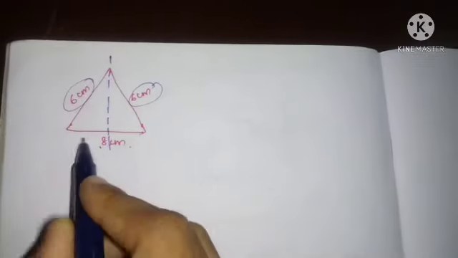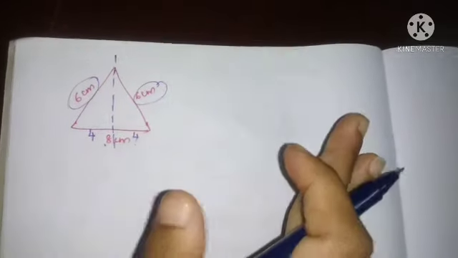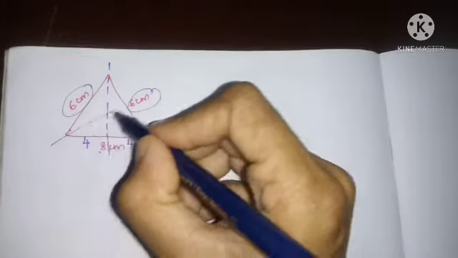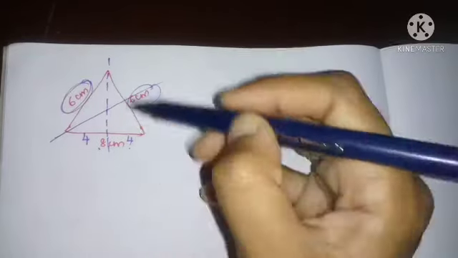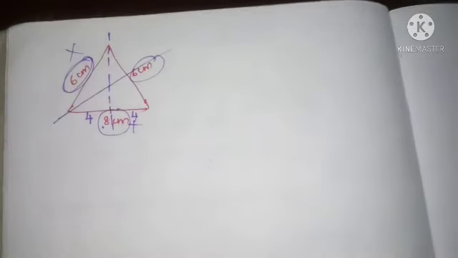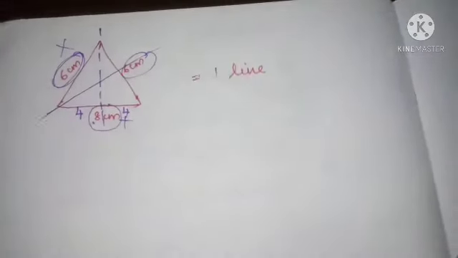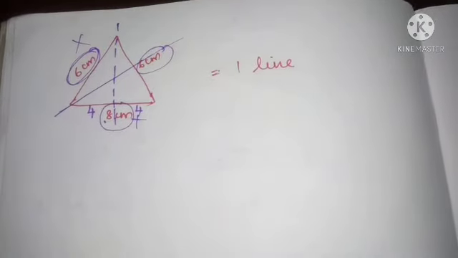Here 8 centimeter will be divided equally into 4, 4. So now it is symmetrical. If I draw here, it is 4, 6, here it is 8, not equal. So how many lines of symmetry are possible for an isosceles triangle? Only one line of symmetry.